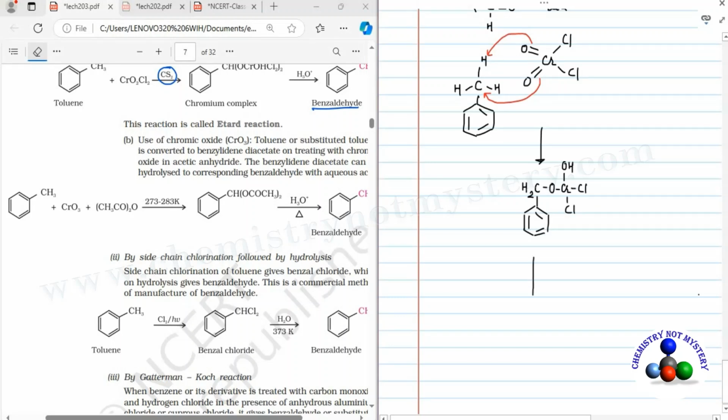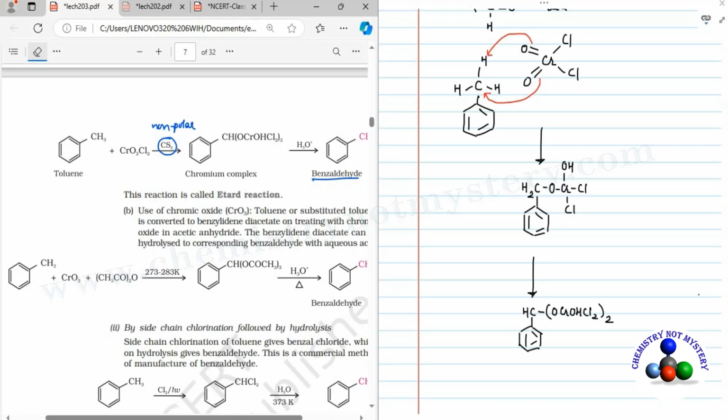Again, when the same reaction takes place, you will get CH this time, and 2 molecules will get attached. So here I can write O, Cr, OH, Cl2 whole twice. That's how this chromium complex has formed.